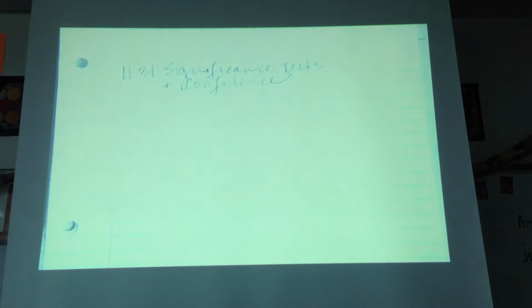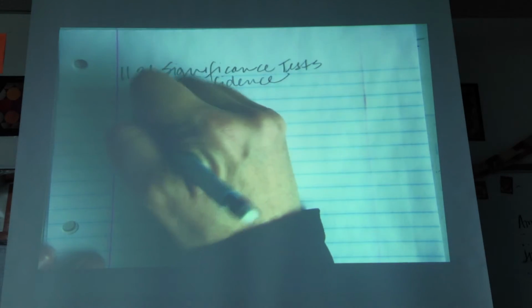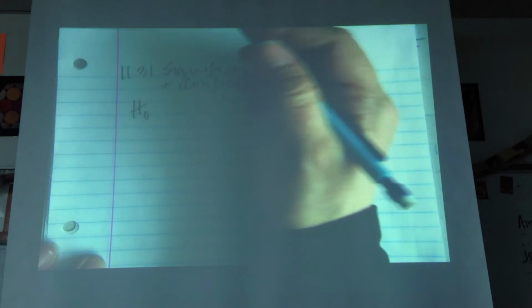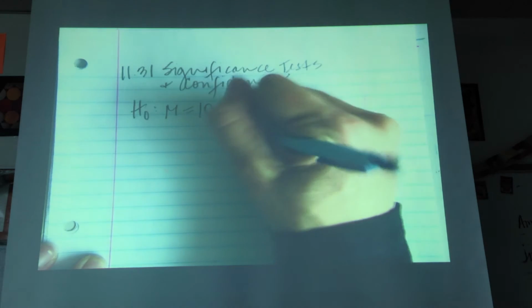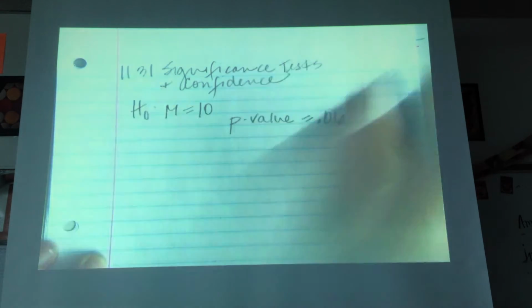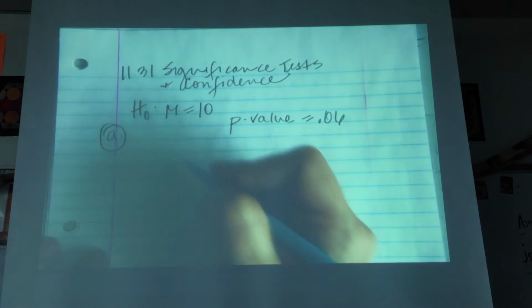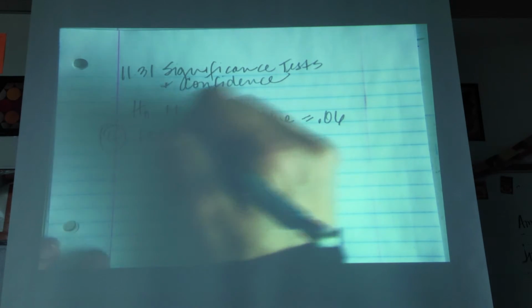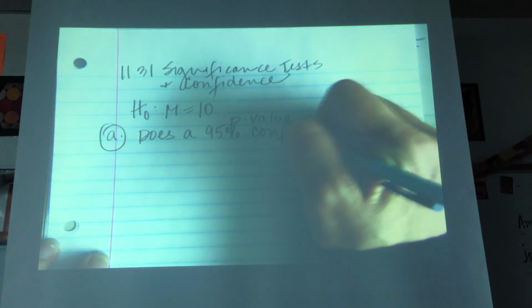So in 31, what I'm looking at is dealing with a null hypothesis that says something about a mu of 10, and then I'm getting a p-value that is at 6%. Now, here's the thing. Letter A: does a 95% confidence interval include 10?